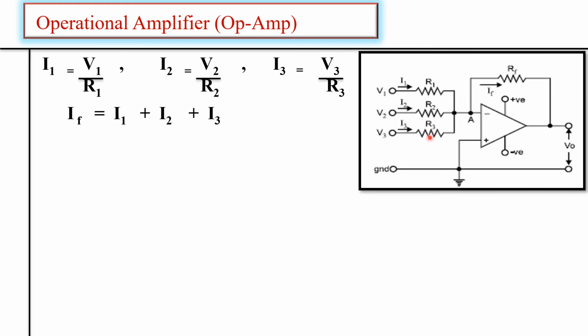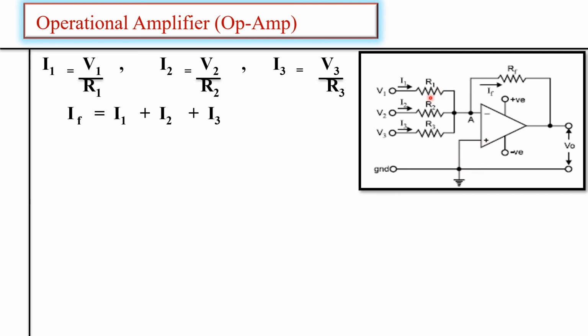We have seen that whenever we apply negative feedback to an op-amp, a virtual short exists between the inverting and the non-inverting terminals. So if one of the terminals is at ground potential, then the other terminal will also be at ground potential. We can say that it will act as a virtual ground. So this node A will be at 0 volt.